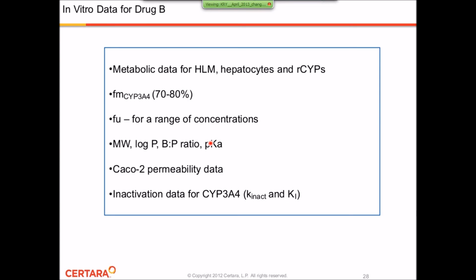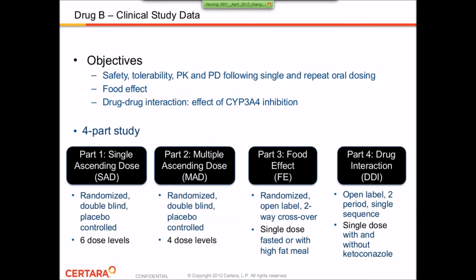We had the physicochemical parameters available, Caco-2 data, and also inactivation data for CYP3A4. As I mentioned, this is important because we have to build in the auto-inhibition of the drug, because it's a mechanism-based inhibitor of CYP3A4, but also a substrate of 3A4. So those were the in vitro data that we had to hand.